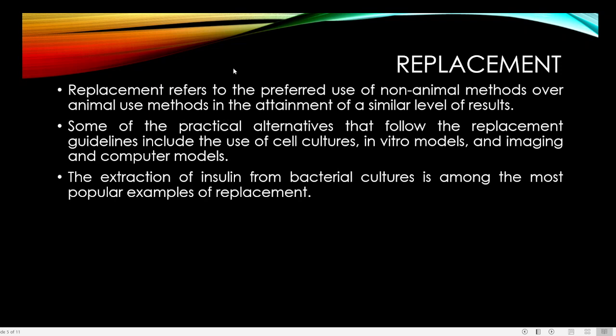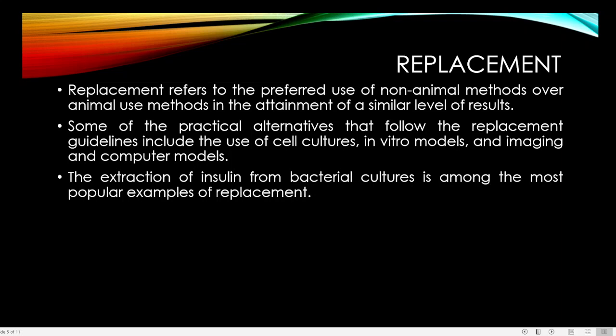Then, the same aspect is now being discussed in a better way. You can see the replacement refers to the preferred use of non-animal methods, which I have already told you, and use in attainment of a similar result. Some of the practical alternatives that follow the replacement can include cell culture, in vitro models, or imaging and computer models.